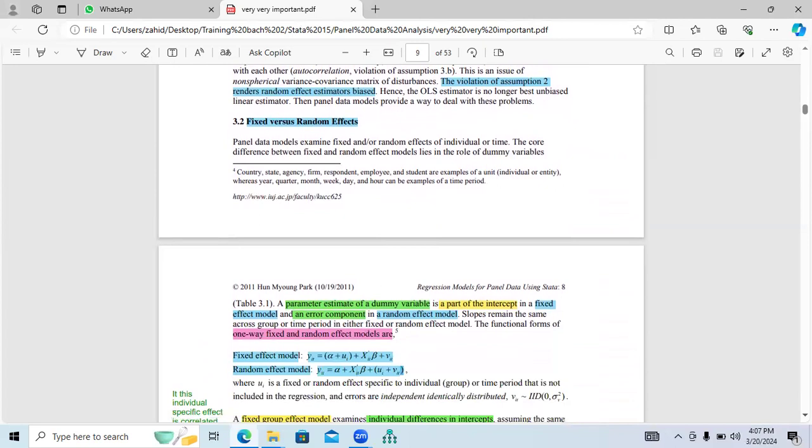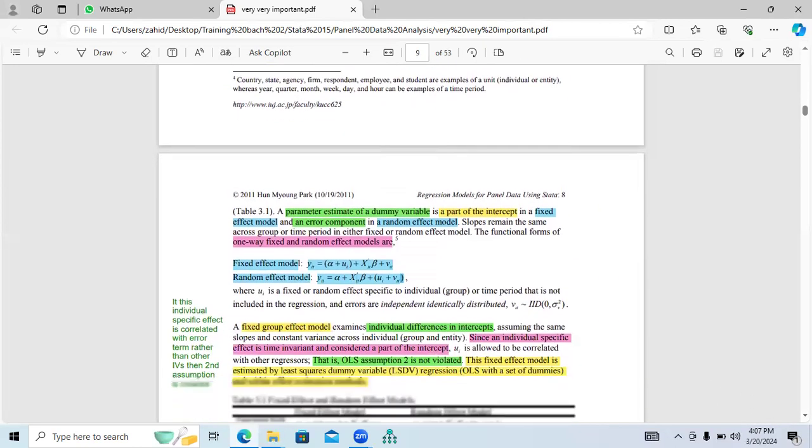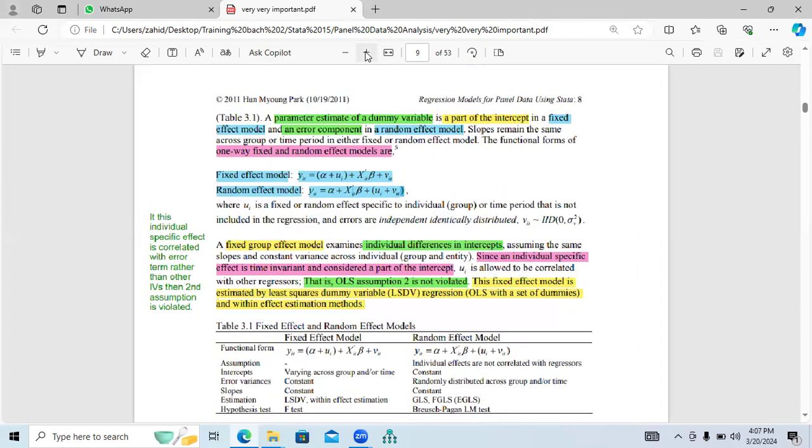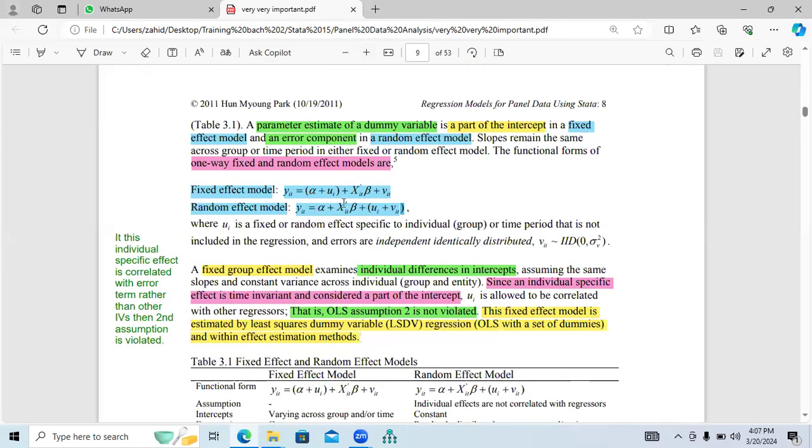Then we have discussed the difference between fixed versus random effect. In case of fixed effect, the cross-sectional or time series effect is measured or estimated along with your beta naught or alpha part, while in case of random effect, your cross-sectional or time series effect is estimated on the error term.